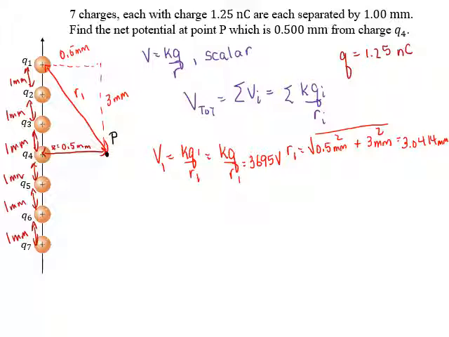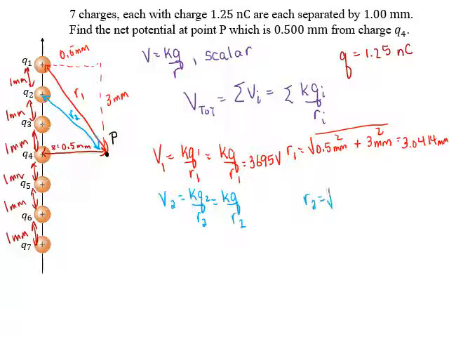What about V2? So I'll use blue for my R2. So V2 is equal to K times Q2 divided by R2 equals K times Q divided by R2. So Q1, Q2, they all have the same magnitude. R2 is my distance between charge 2 and my point. R2 is a hypotenuse of a right angled triangle where the legs are 0.5 and 2.